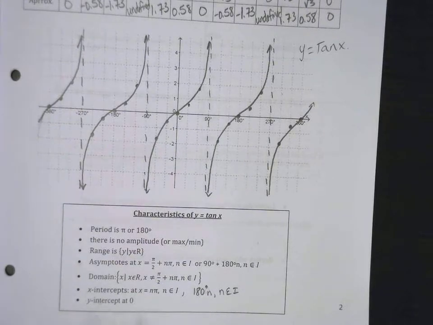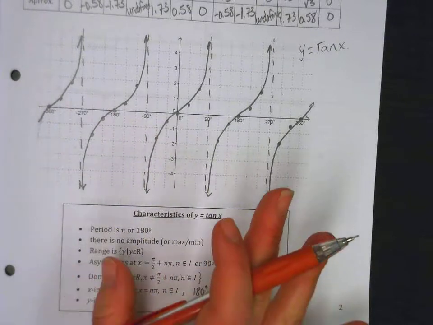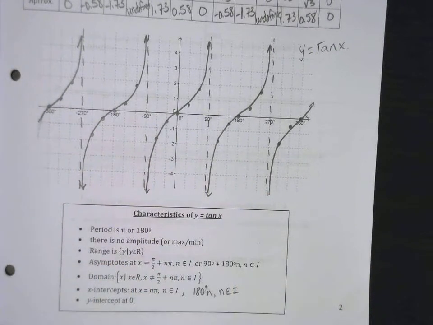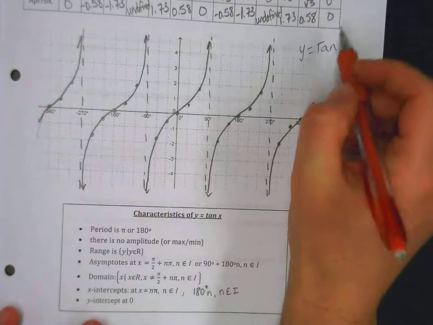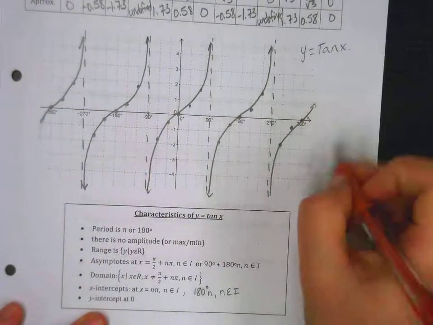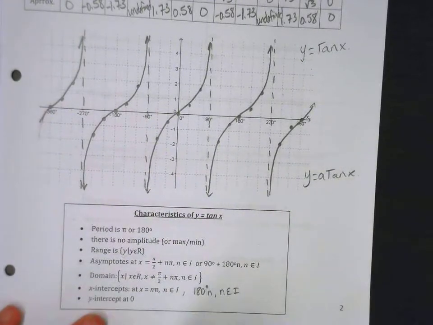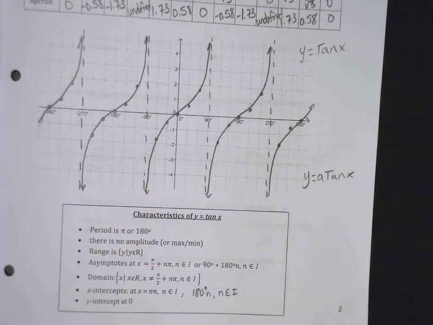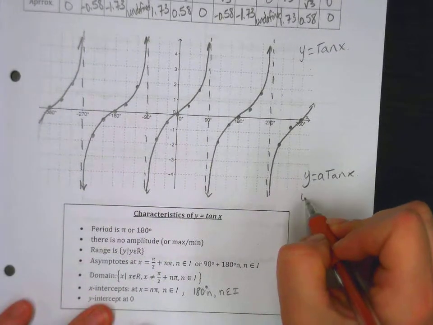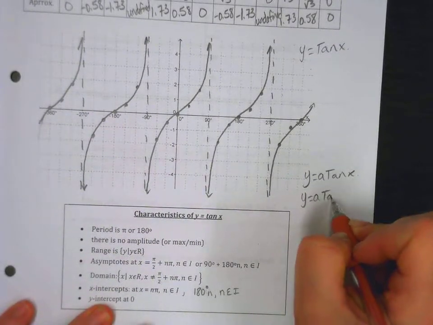Okay. Tangent functions, we really do not transform very much. You might be asked something simple, like if you had an a value attached to the tangent function, what is the stretch factor of that? Or you might have something very simple like, this has been moved so many units to the right.